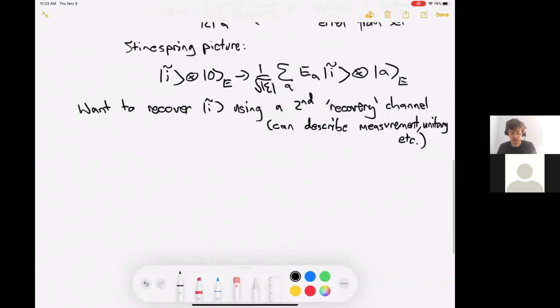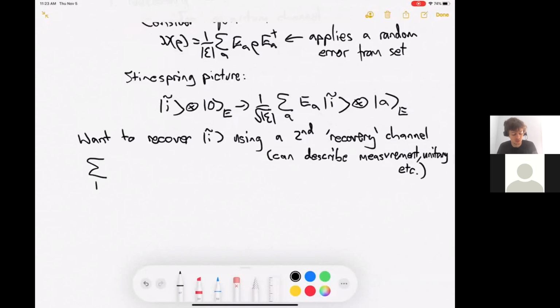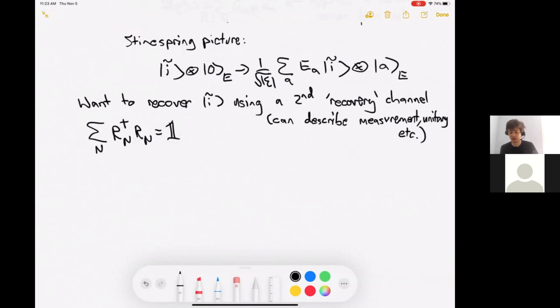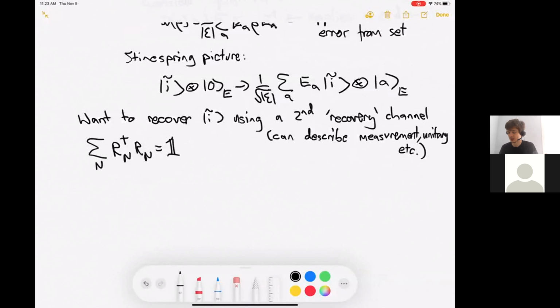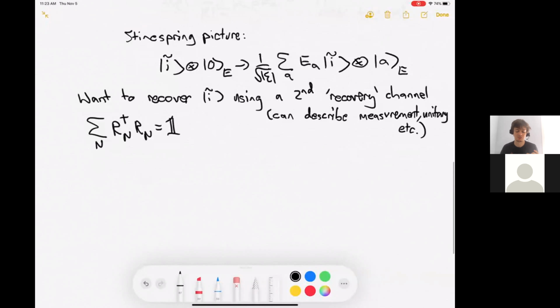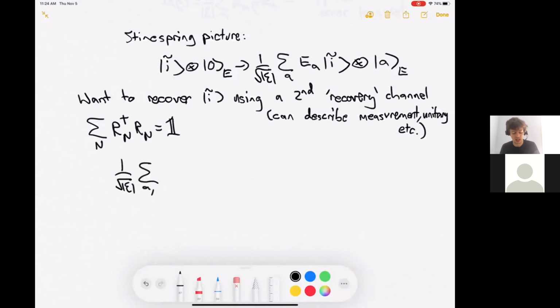Okay, so this channel should have some Kraus representation, which is going to be a set of operators R_mu, with the sum of R_mu dagger R_mu equal to the identity. And that will take our initial state with the error applied to the following state: 1 over the square root of the number of errors, sum over both A and mu, now with an R_mu being applied after the E_A, on I tilde.